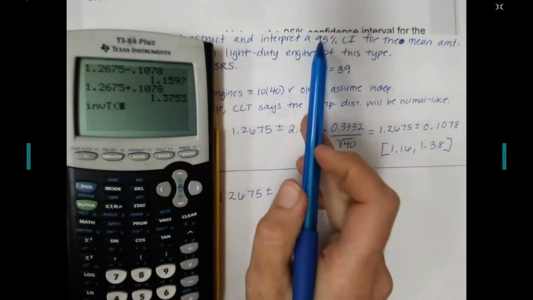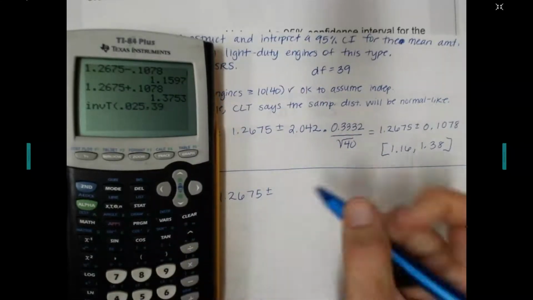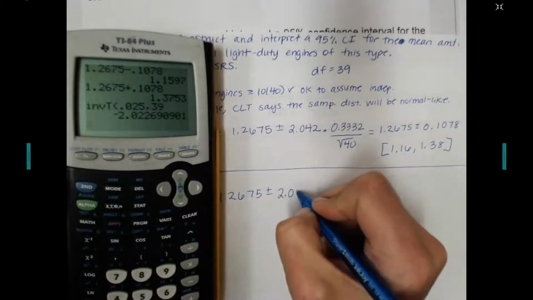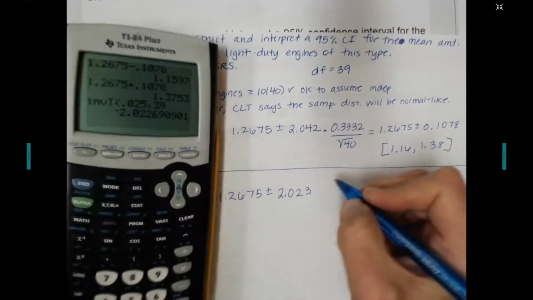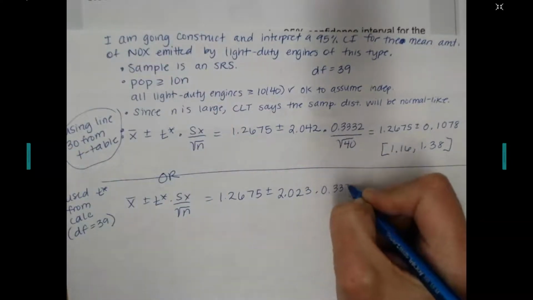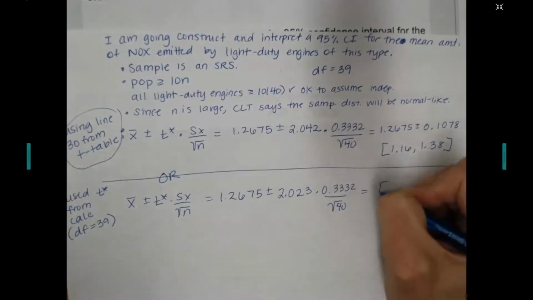This is a 95% confidence interval, so the area in one of the tails is 0.025. Degrees of freedom is 39, and so I get a t value of 2.023. So slightly different. That means when I crunch this out and find the interval, it might be a little bit different.